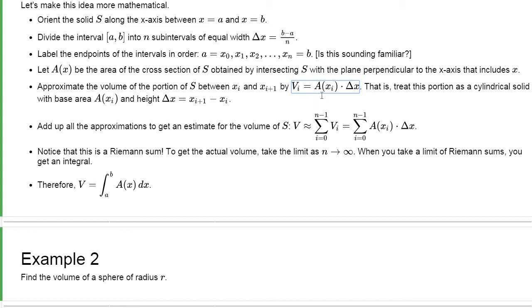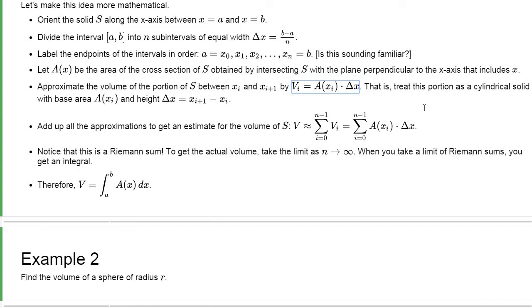I'm going to take the x value from the left endpoint of that subinterval. x sub i is where the subinterval starts. I'm going to plug that into my area function, and that's going to give me the area of that cross-section. I'm going to multiply by delta x. Delta x is the width of the subinterval, so that's the width of each slice.